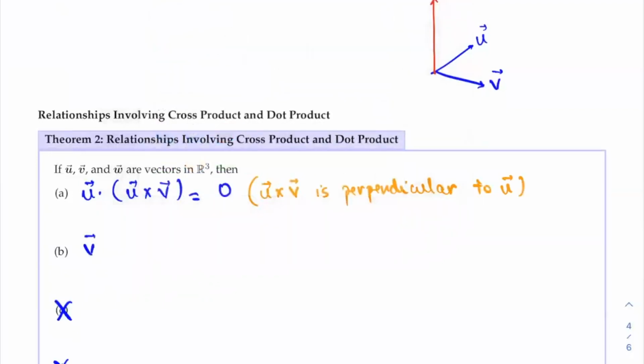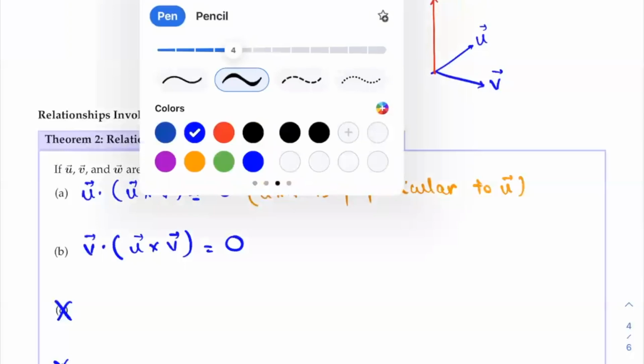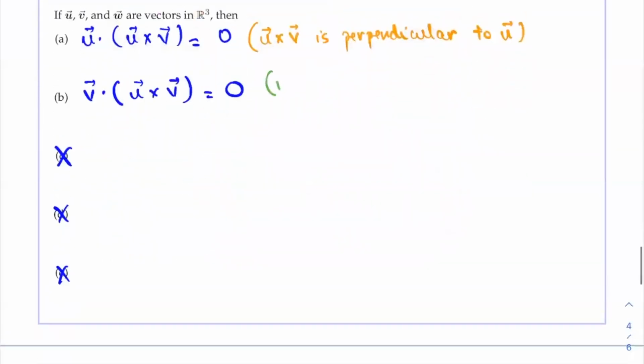And v dot with u crosses with v is equal to 0 as well, because again, u crosses with v is perpendicular to v. All right, so that's the relationship between the cross product and the dot product.